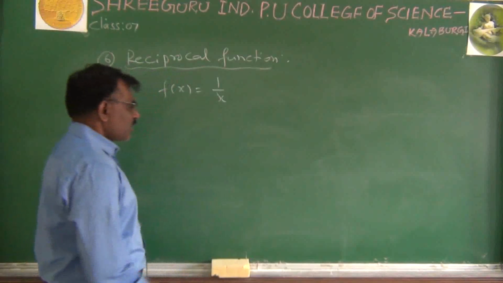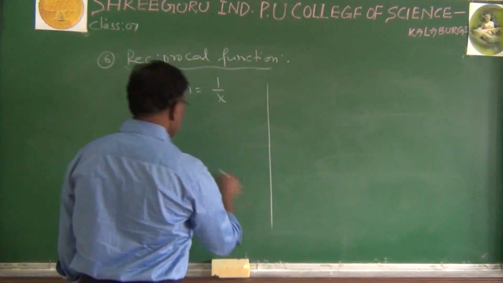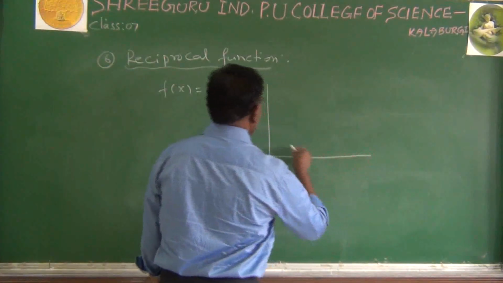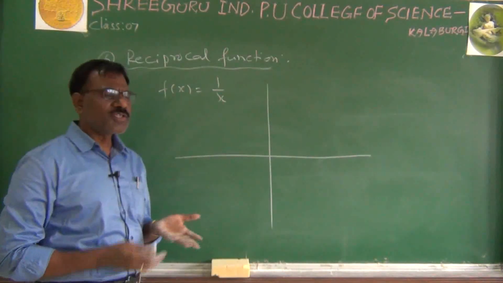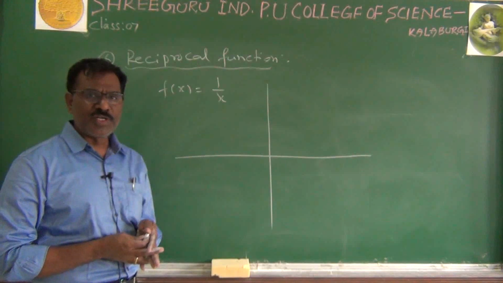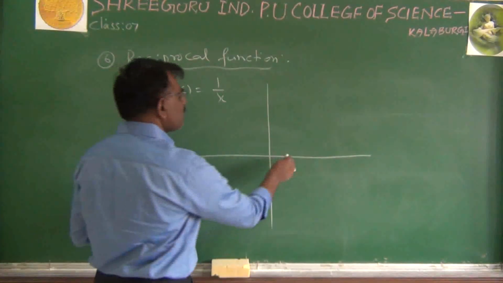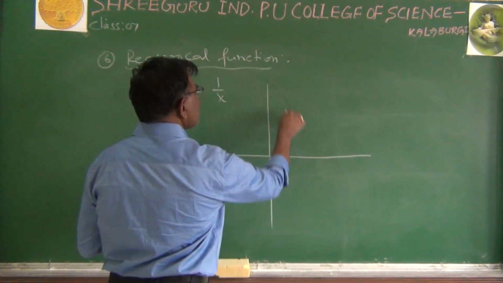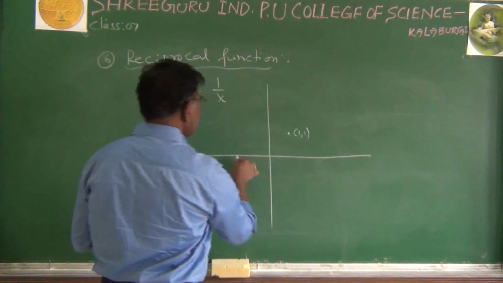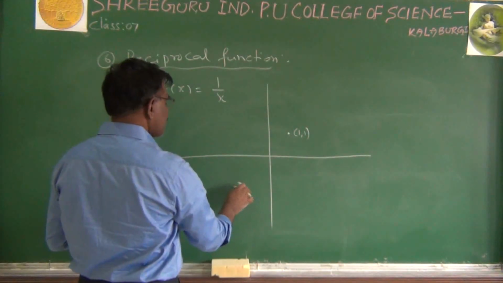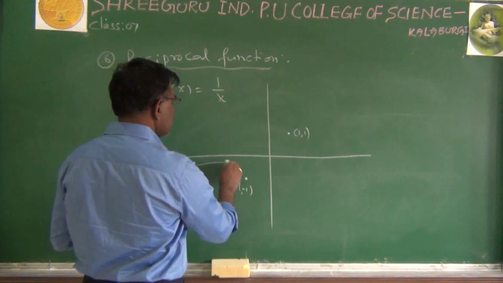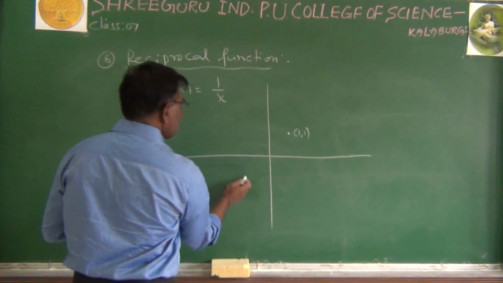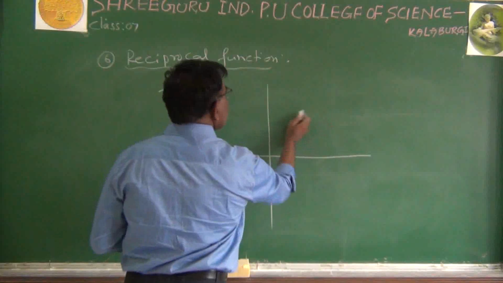So for the reciprocal function, what is the graph? When x is 1, we get the point 1 comma 1. When x is -1, we get -1 comma -1. As x approaches 0, it goes to infinity. And this is the graph.